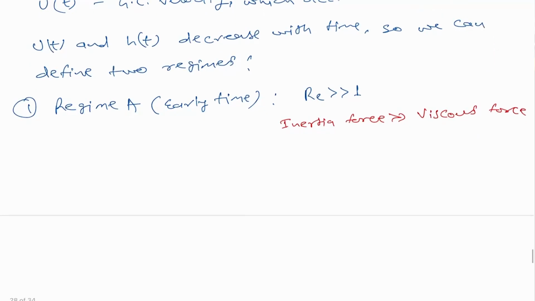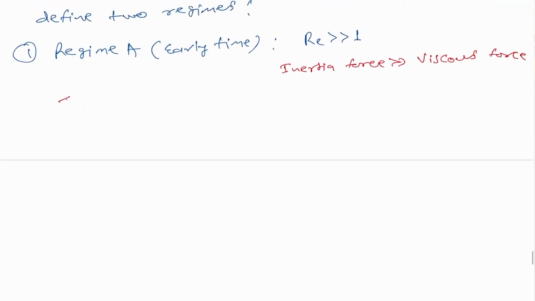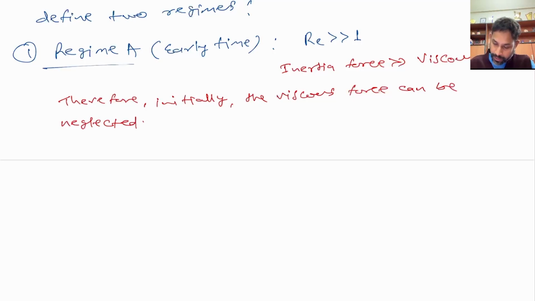And therefore initially the viscous force can be neglected, right? So that is regime 1 or early time behavior of the gravity current when the gravity current has just started.